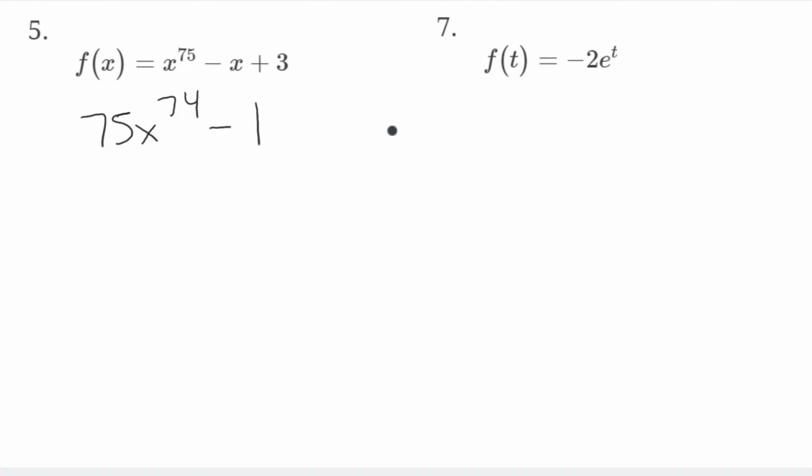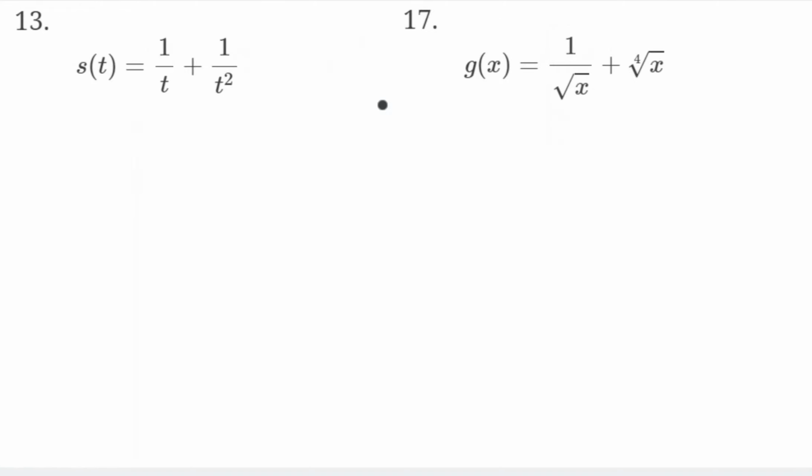What about 7? Yep, it's literally just negative 2 to the et. That's it. All right, these two.